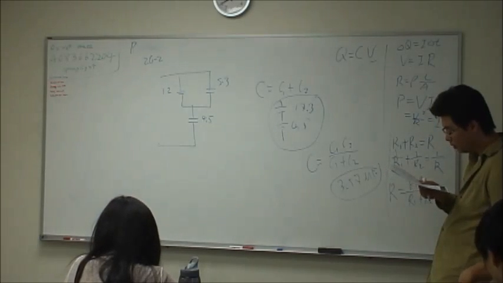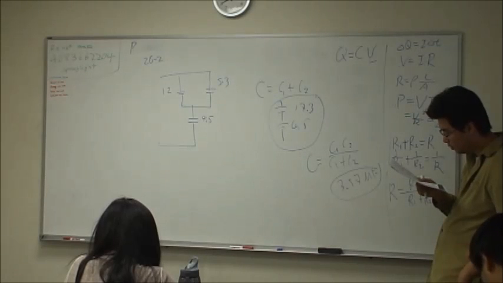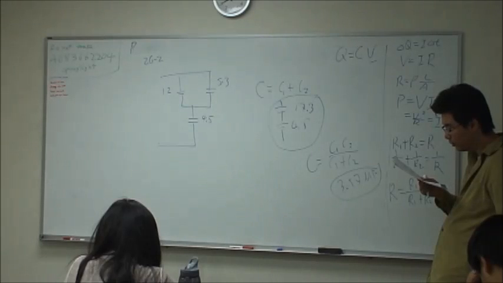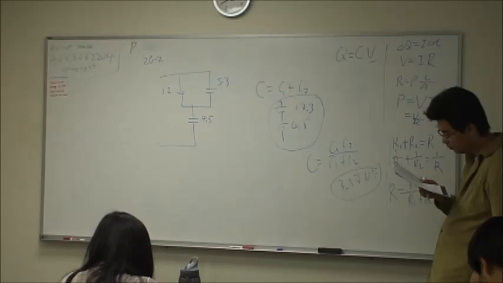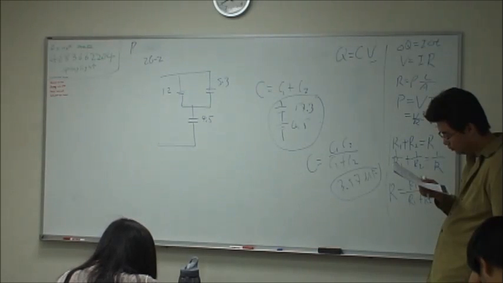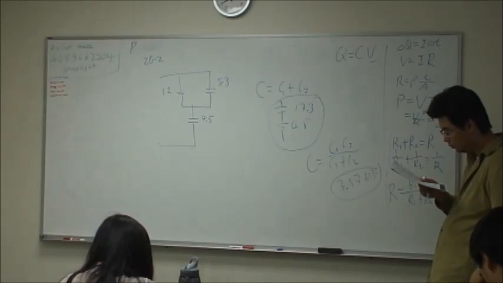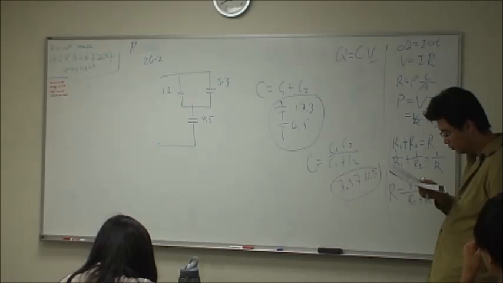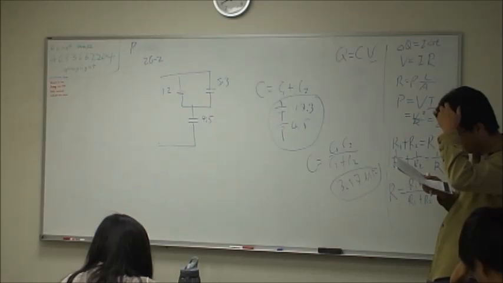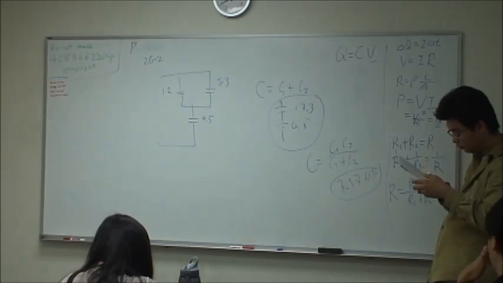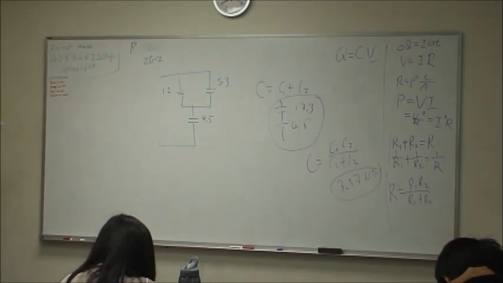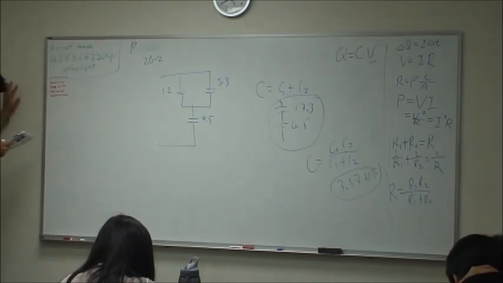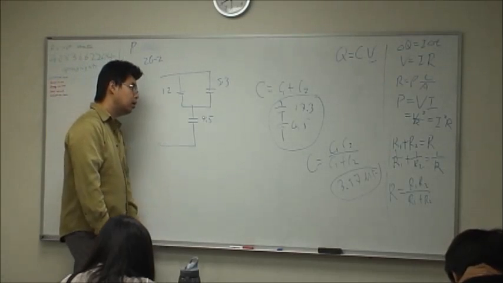Part B, what's the potential difference? What's the charge on C1? V is 12.5 volts. Okay.